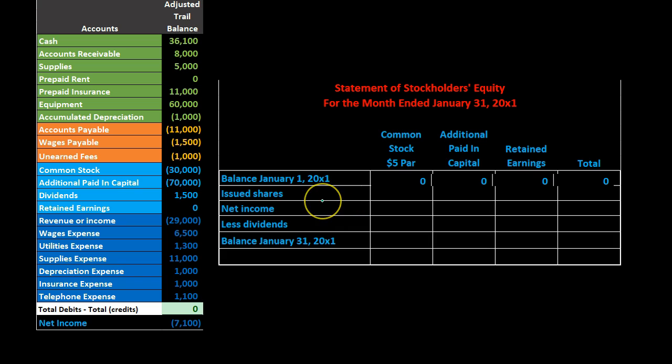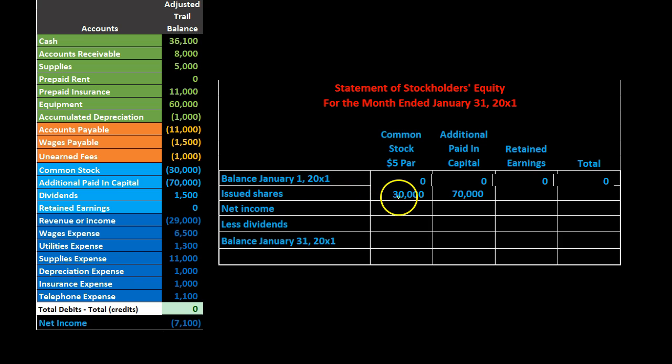Now we have the issuance of shares, and that's basically the owner investing money into the company. And that was this $30,000. This isn't going to happen every month. In this particular month, because it's the first month, we issued shares at 30,000, and we got 30,000 for it, plus the 70,000. So we know that we actually got 100,000.